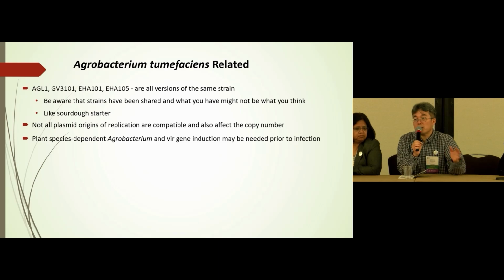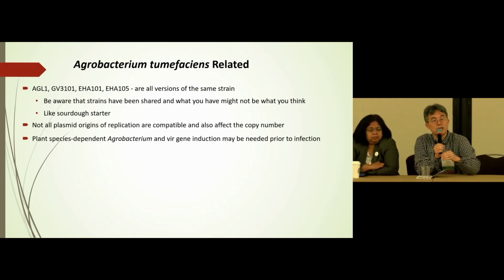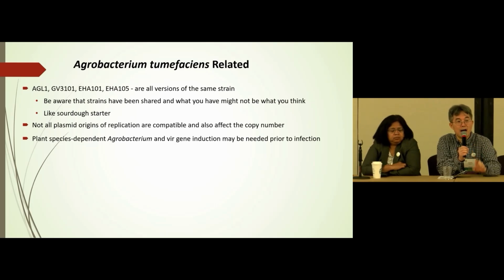So there was a correlation. Plasmid transmission frequency and plasmid copy number are correlated. In general, a high copy number plasmid usually results in higher transmission frequency, but at the expense of usually higher T-DNA copy number per cell. So there is a trade-off for sure.